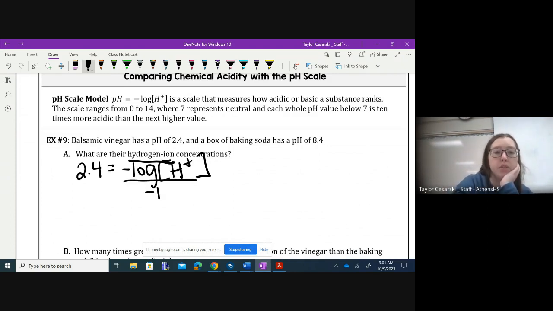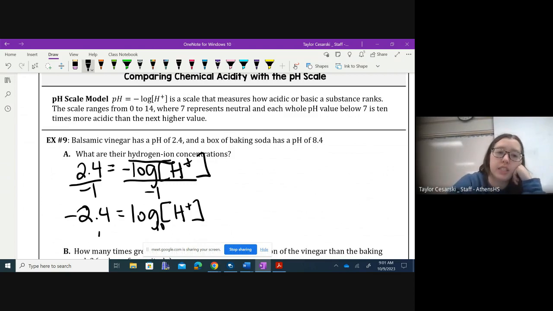So I'm going to divide both sides by -1, and I get negative 2.4 equals log of my hydrogen ion concentration. Remember, that's a base of 10, so I get 10 to the negative 2.4 power is my hydrogen ion concentration for the balsamic vinegar.